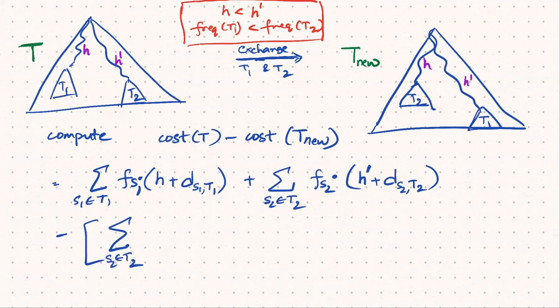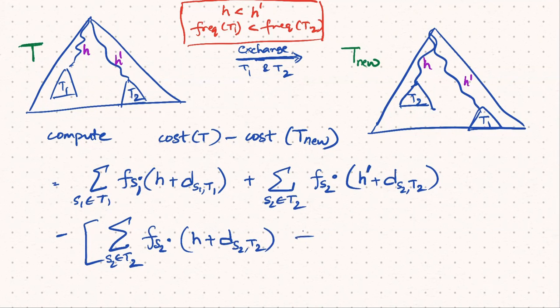What is the cost that these symbols contribute? It's simply their depth in T2 plus h. These symbols here are at a depth of h plus the depth in T2. So frequencies of symbols, the symbol S2 times h plus the depth of the symbol in T2.